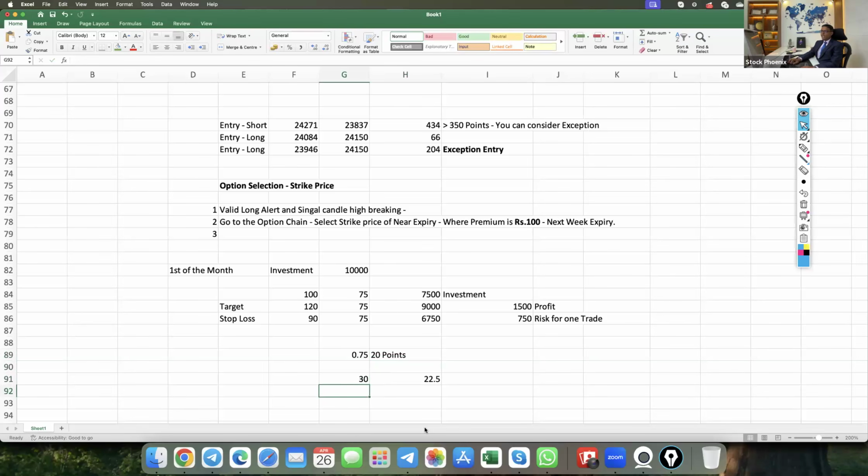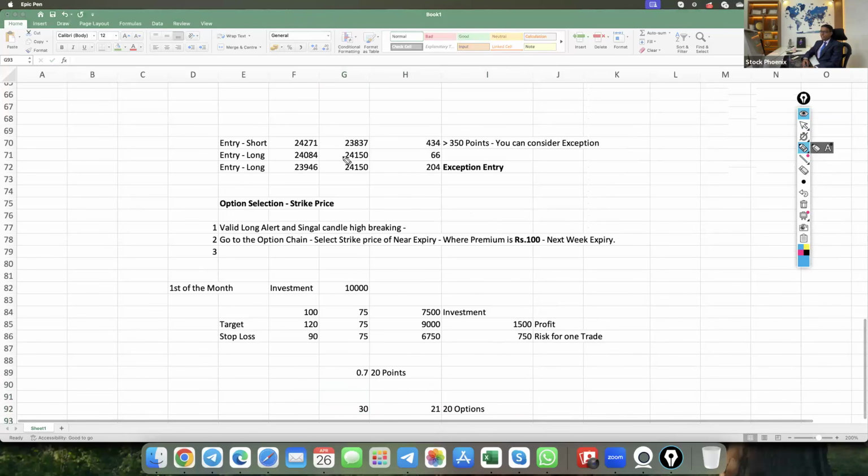So 28 or 27 points roughly, or take delta 0.70 to be on the safer side. So we need 28 points of momentum in Nifty to get 20 points in options. Is it clear for everyone now? So roughly 30 points of move you need in Nifty.